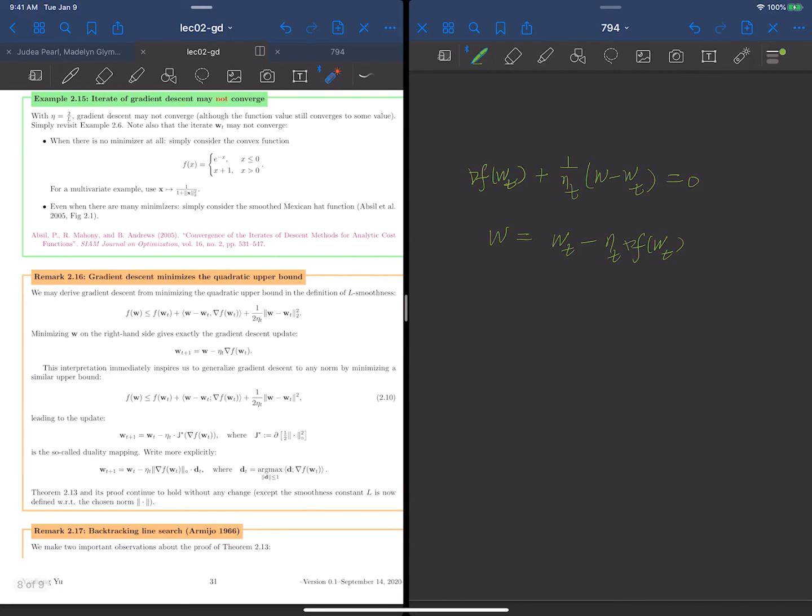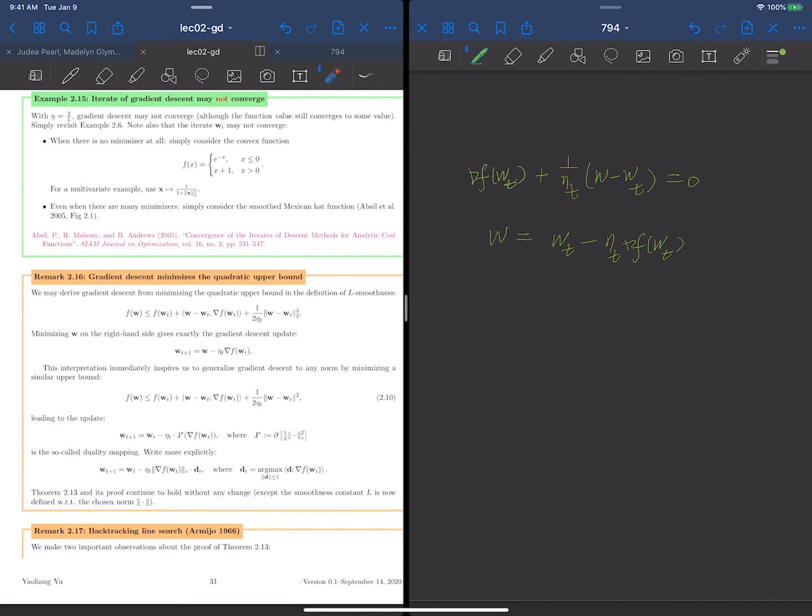But in case you're curious, by interpreting gradient descent as minimizing the quadratic upper bound, you can immediately generalize the algorithm. And the benefit of doing this is that by changing the norm here, you may change the parameter L significantly. So later on, in 4 or 5 lectures down the road, we're going to see this again. All right.